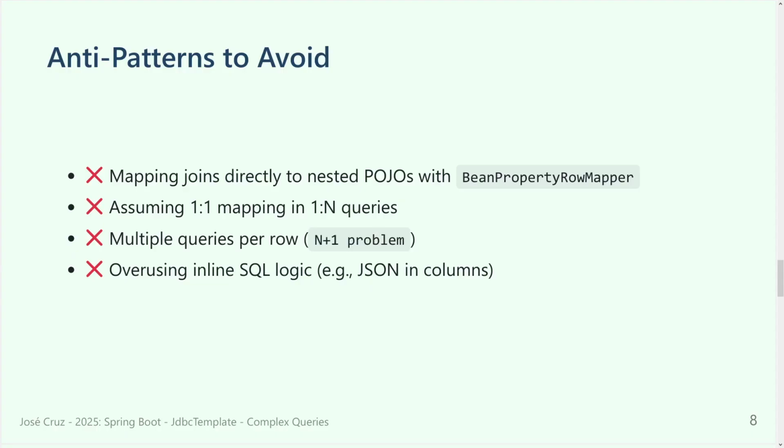And then, overusing inline SQL logic. Sometimes, for instance, with JSON in columns, you put it on the entity and there is a temptation, where you put annotations about JSON, SQL, Hibernate, and a lot of annotations on the columns, and it starts to be crazy. Just create multiple entities for that.